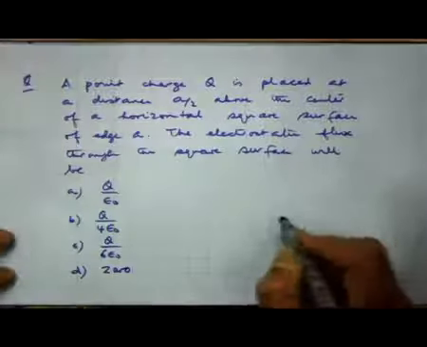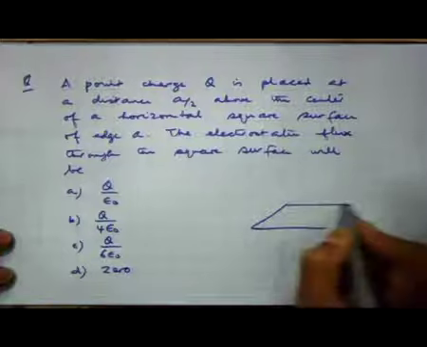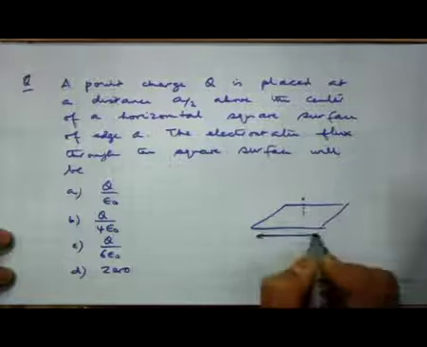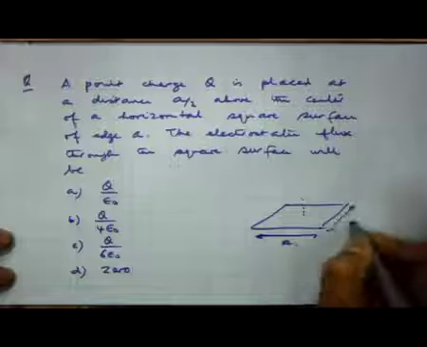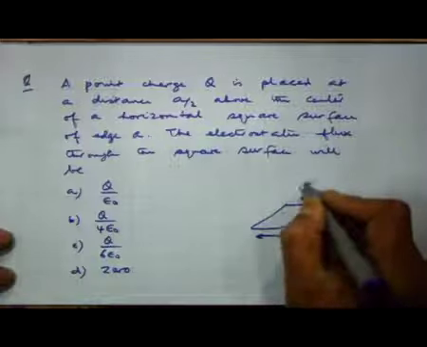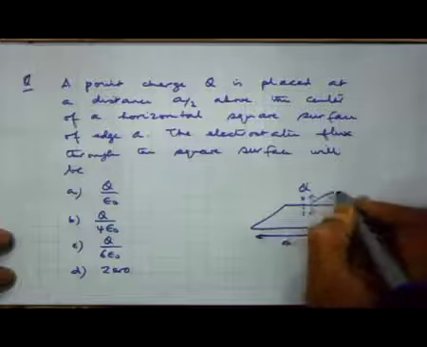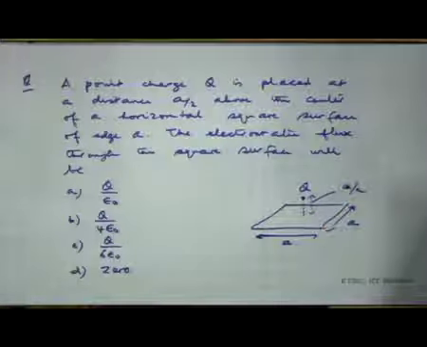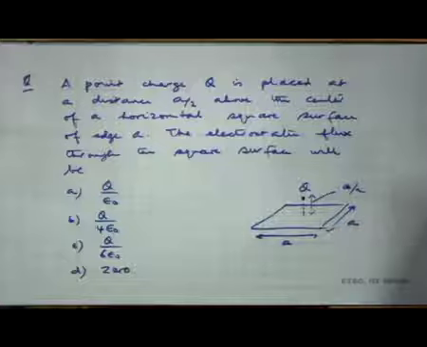So, the problem is essentially I have a flat square surface of side A, and I have kept a charge q at a distance a by 2 from the surface along the central line. The question is, what is the flux passing through this surface because of this point charge?